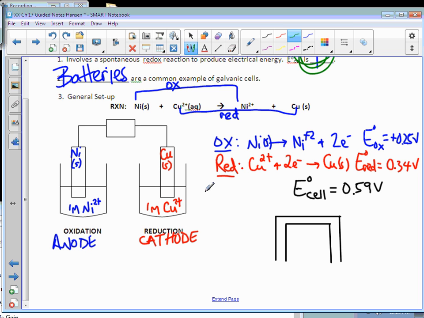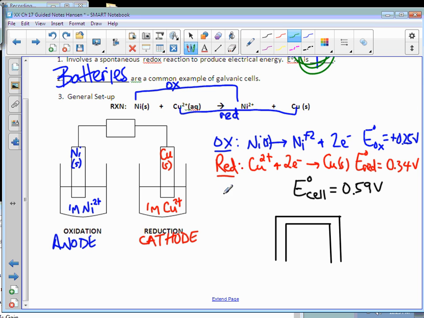So when you set up these galvanic cells, you're going to have both the reactants and the products present in standard form. Now, if you write out the half reactions, we already talked about the nickel being oxidized, losing 2 electrons. And if you look up the E naught value for that, the oxidation potential, it's plus 0.25 because you had to change the sign.